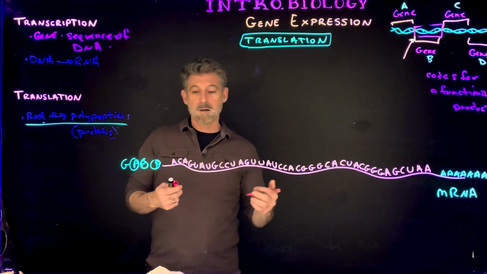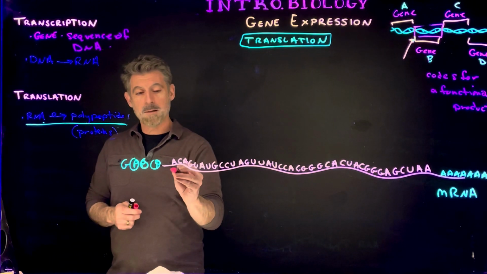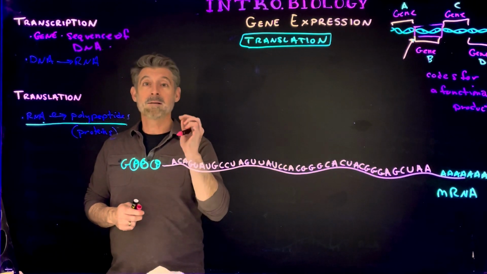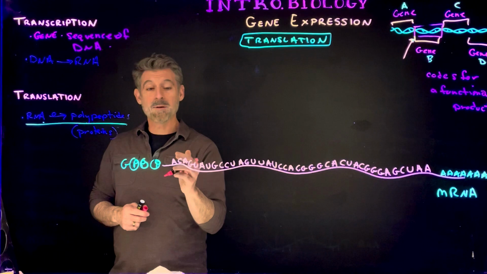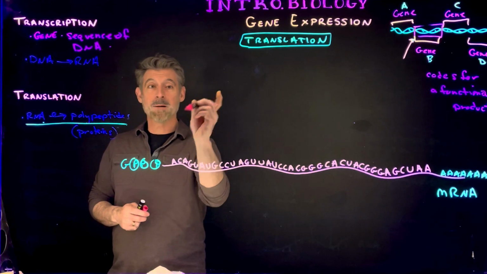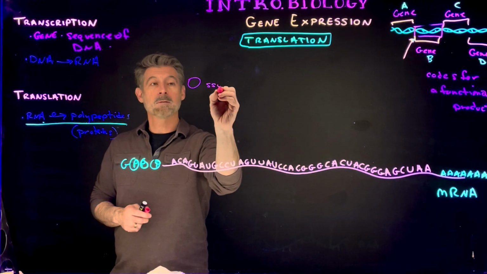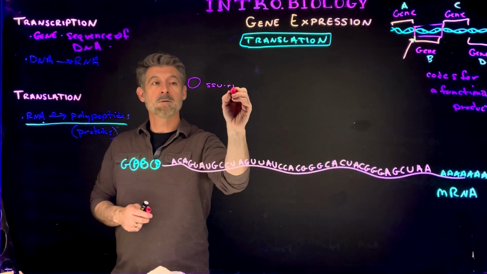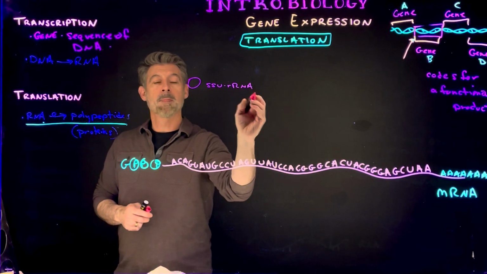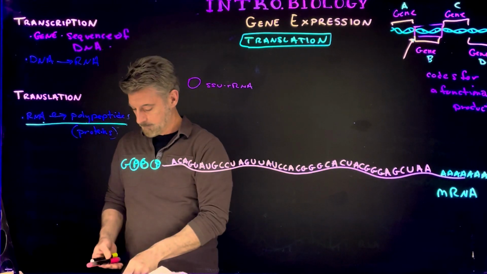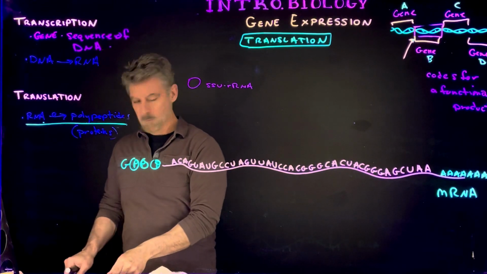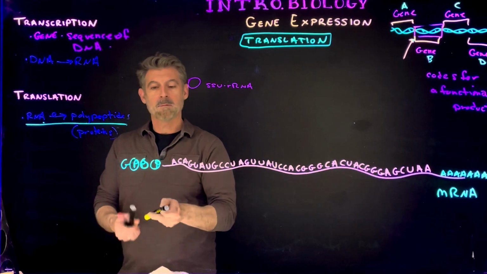So what's going to occur then is the small subunit and the transfer RNA with methionine are going to assemble first. This is the small subunit, SSU, of the ribosomal RNA. I'm trying to get the color here going.